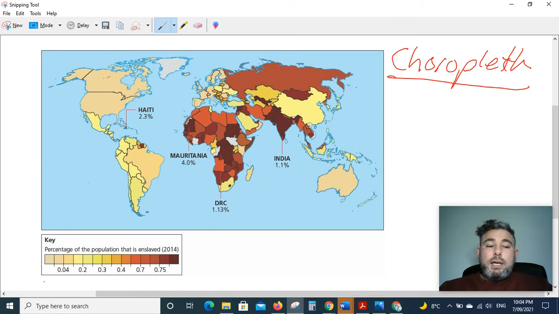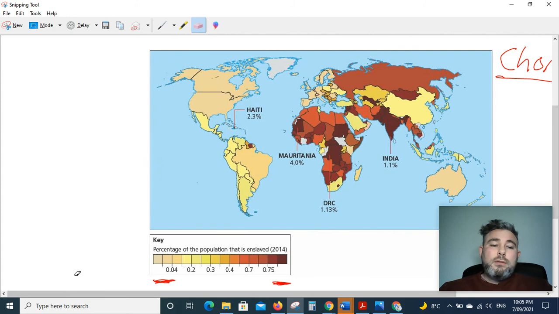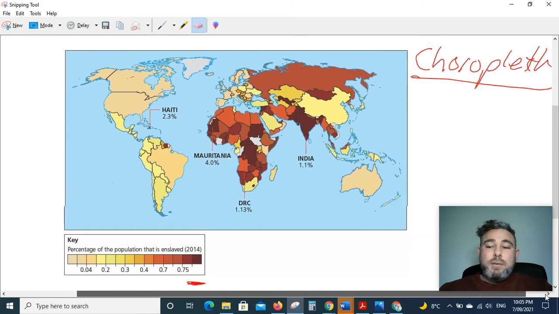When we use a key like this, it's always good to remember for a choropleth map that the lighter the shading of the color, the less intense or the less frequently a feature is occurring. And the darker the shade of the color will indicate that the feature is occurring more often or more intensely. So to put that into a bit of context, we need to know what is being mapped.